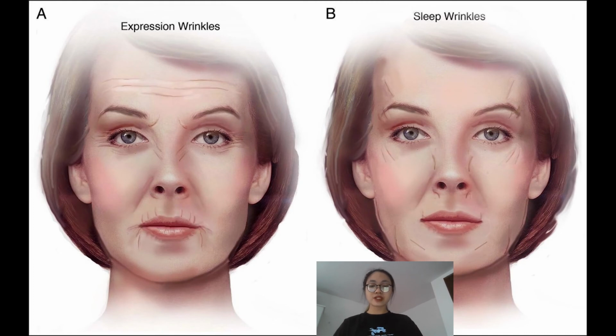Nasolabial folds and wrinkles around the periocular areas are particularly noticeable on mornings after waking up. The depth of wrinkles is usually reduced during the day because gravity causes the cheek to pull down the skin around the eyes, thereby reducing wrinkles.